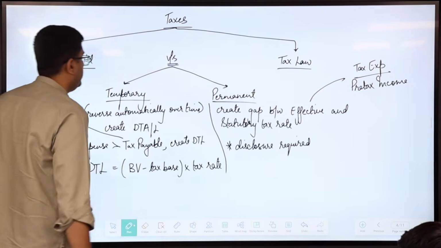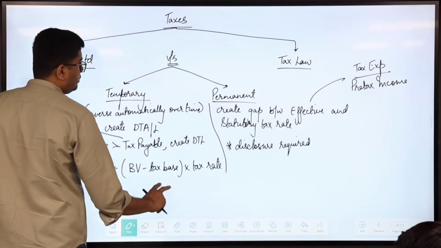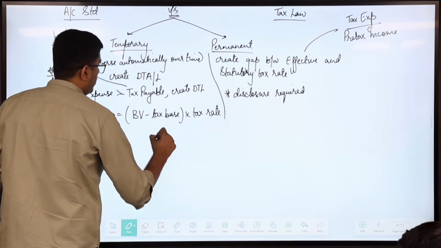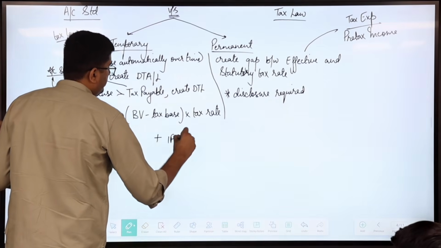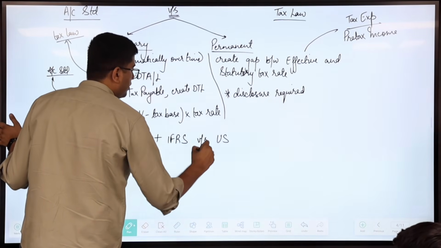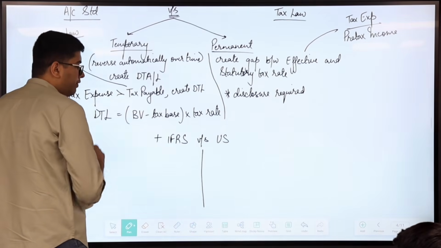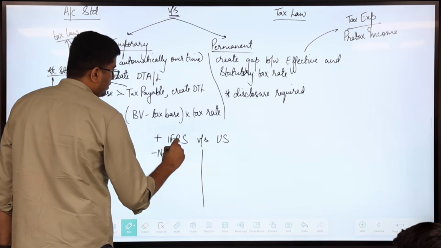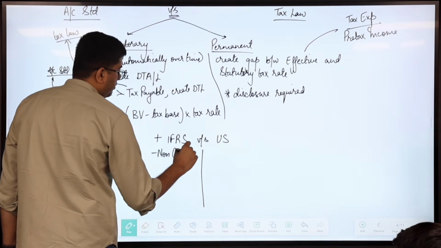Apart from these temporary and permanent differences, we also have an extra discussion comparing IFRS with US GAAP. IFRS says that deferred tax is always non-current.